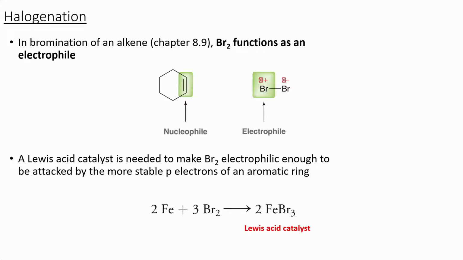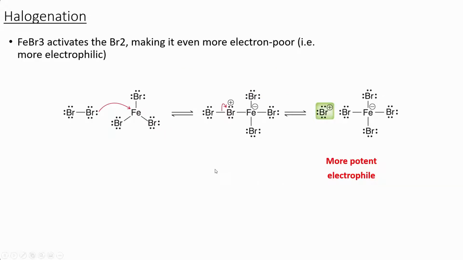In order for this type of reaction to work in a benzene ring, we need to enhance the electrophilicity of the electrophile. And to do this, we can use a Lewis acid catalyst. This will make the bromine more electrophilic. And so we can look at the structure.